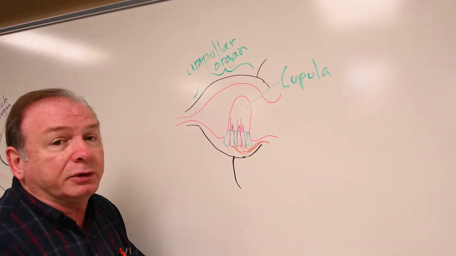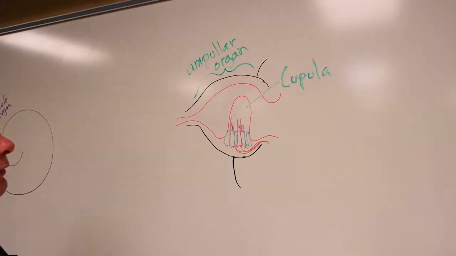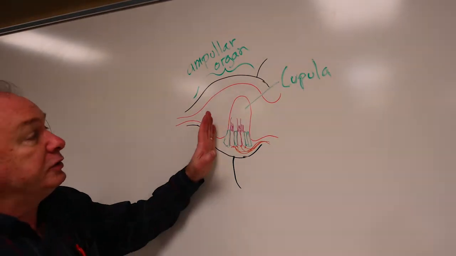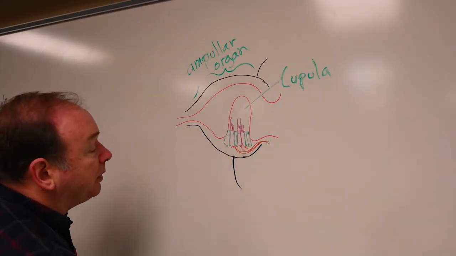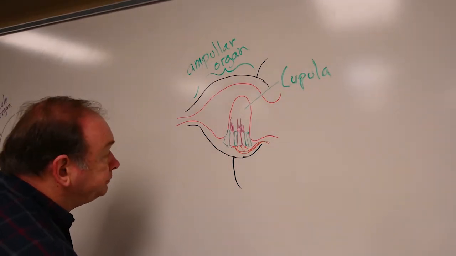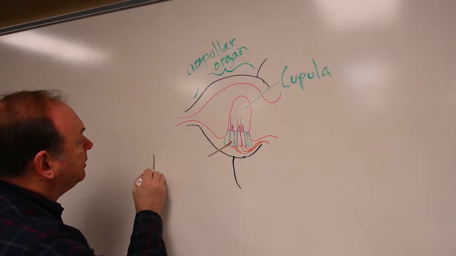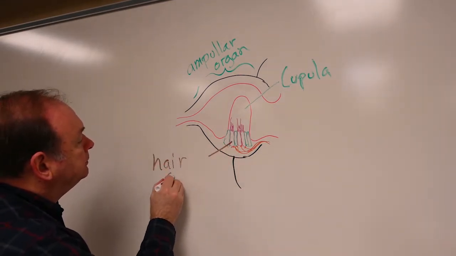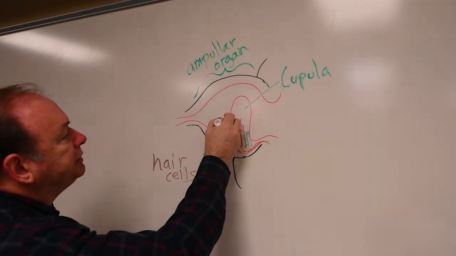At Churchill Downs, those spire-like structures that stick up there are referred to as cupulas. So anyway, this cupula, this little flap, moves back and forth. Inside there we have the hair cells, which I've indicated in purple here. Hair cells, and they have a kinocilium.